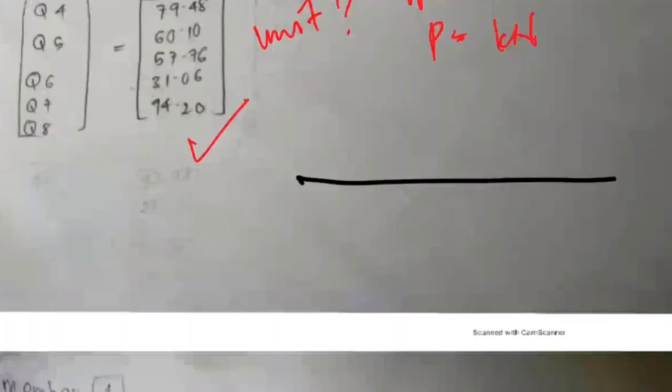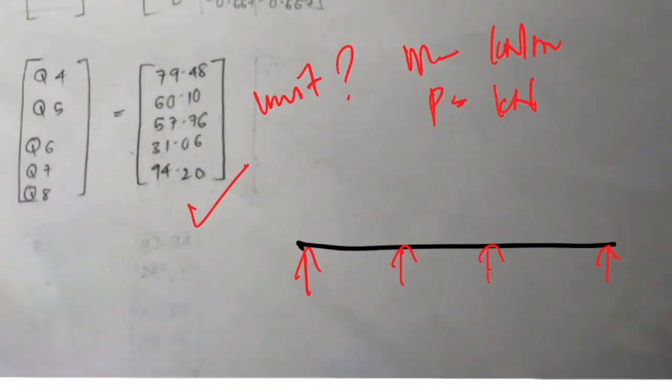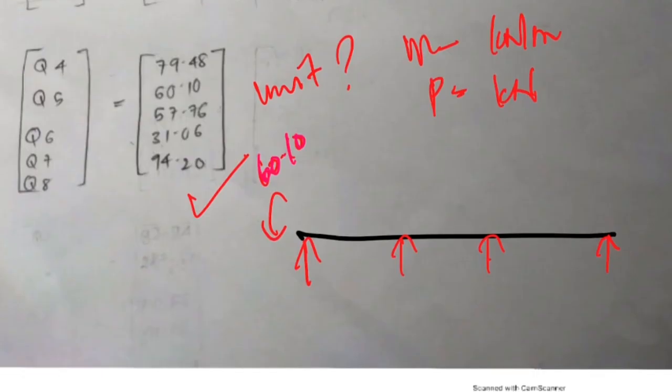Fix, roller. So moment 4, 5. 5 is moment. Moment means this is 60.10. 4 is 79.48.